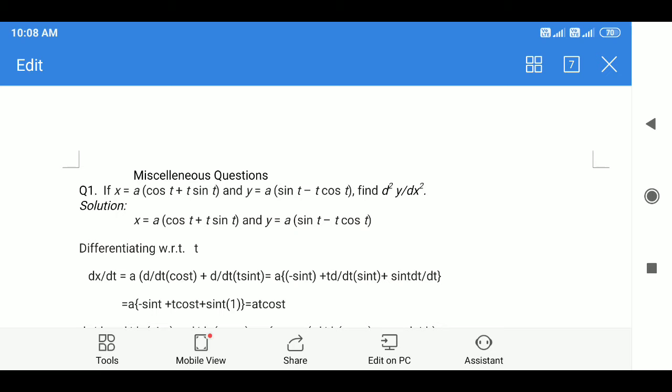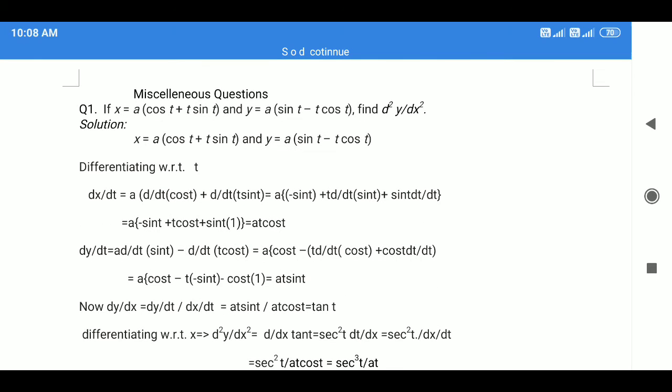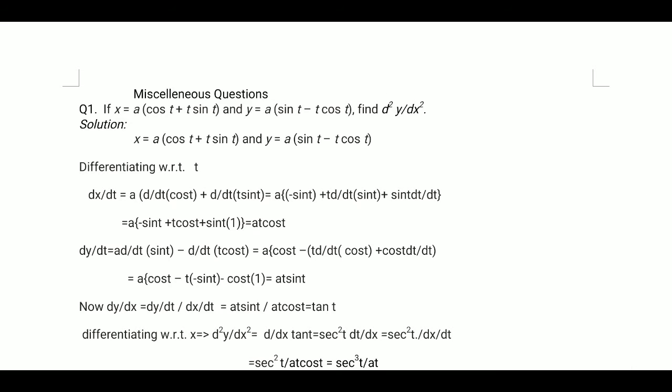So it becomes a into minus sin t plus t cos t plus sin t into 1. Cancel out sin t, you get a t cos t.